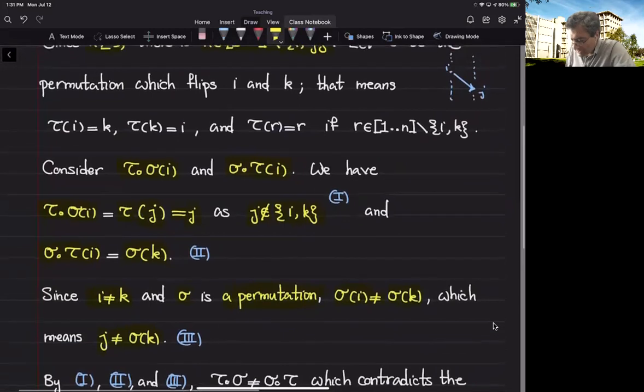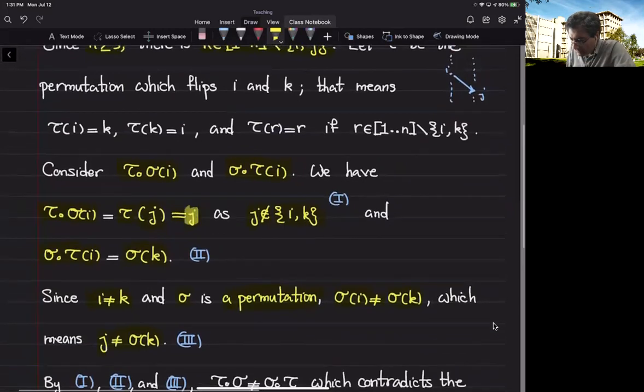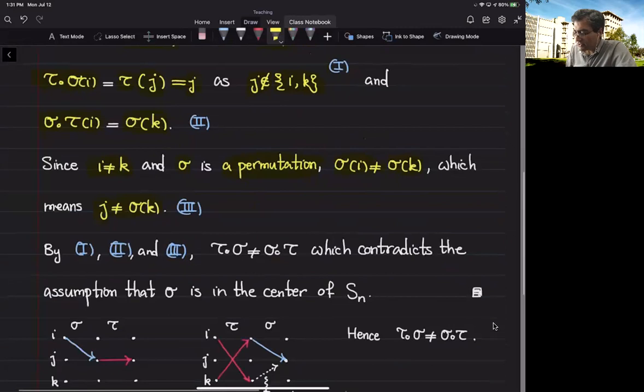By this equality and this inequality, we deduce that tau of sigma of i is not sigma of tau of i. So they are not the same functions at i, and therefore they cannot be the same functions. That implies that sigma is not in the center of S sub n, which is a contradiction.